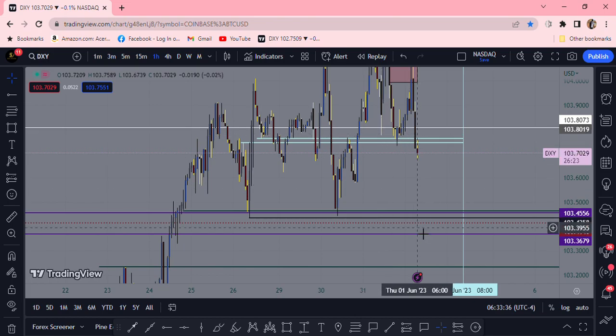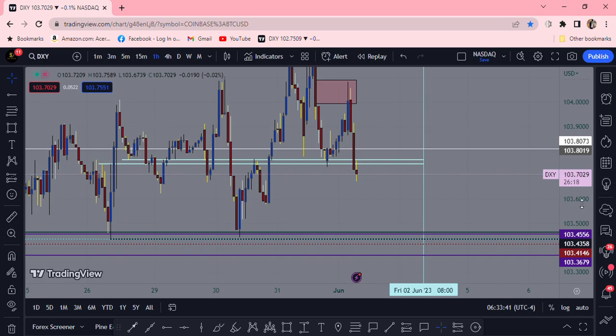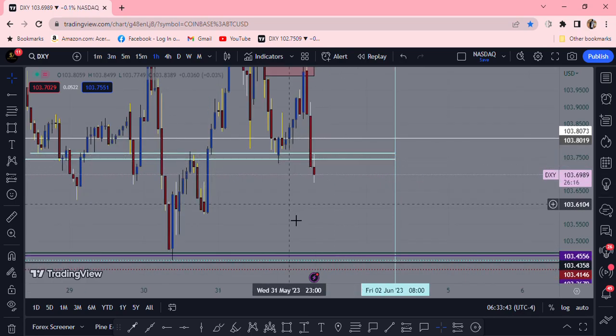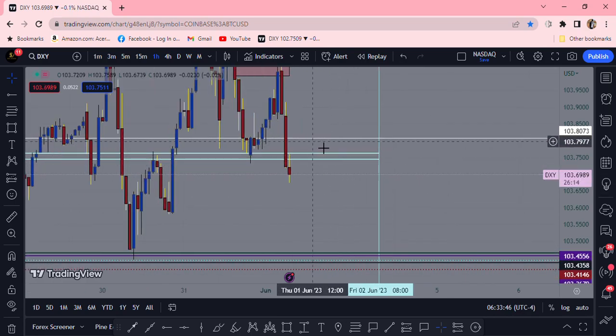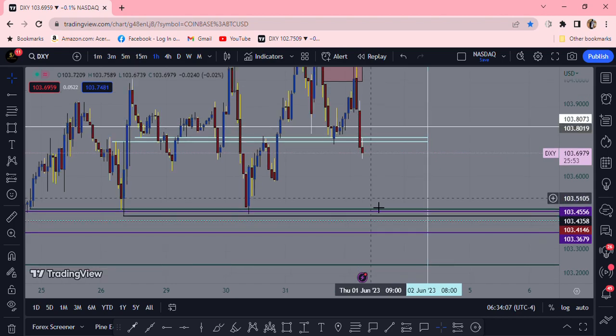But if the dollar just plays around here, and by Friday London session we just retrace back to this fair value gap, this imbalance, and play around, it's likely we are going to take out those lows, which is here.